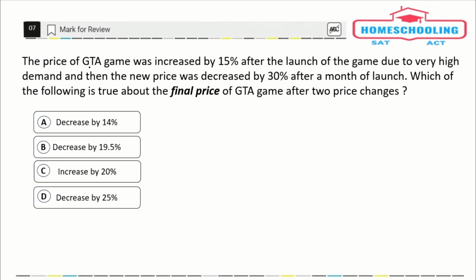The price of GTA game was first increased by 15% after the launch of the game due to very high demand. And then the new price was decreased by 30% after a month of launch.